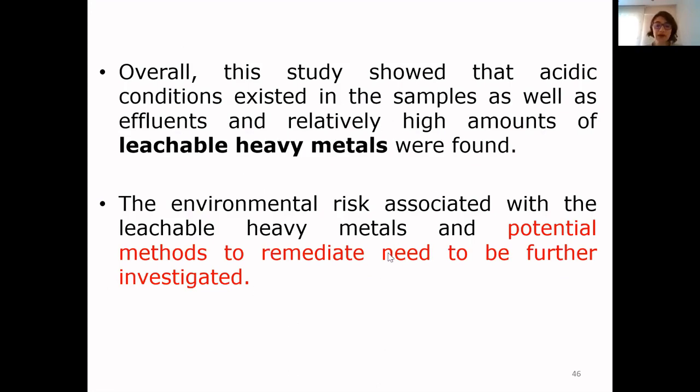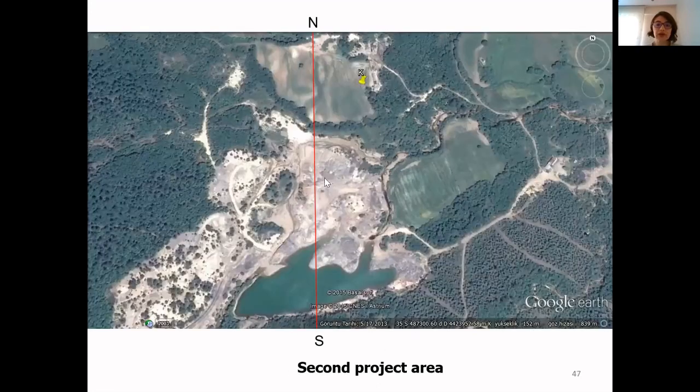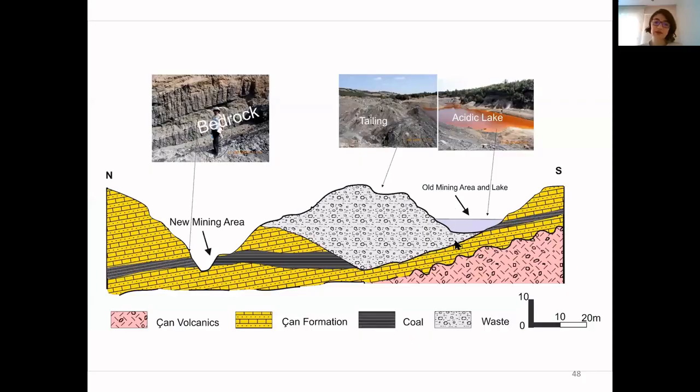And this is our second project area. Here is the previous old mining area, and this is the new mining area. If you take the cross section from north to south, we can see the field easily like this. Here, the old mining area and new mining area.